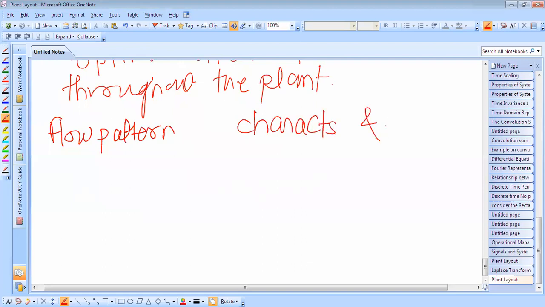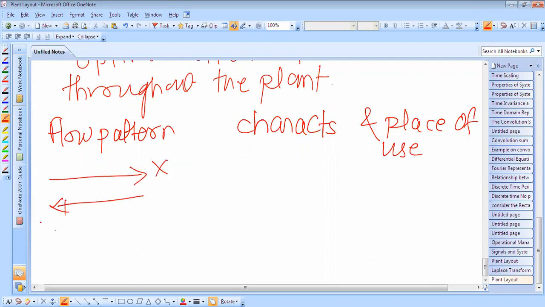Characteristics and the place of use. So flow patterns are like this. The flow pattern may go from left to right. This is the simplest: material enters at one end, at Y end, and it exits at the X end.